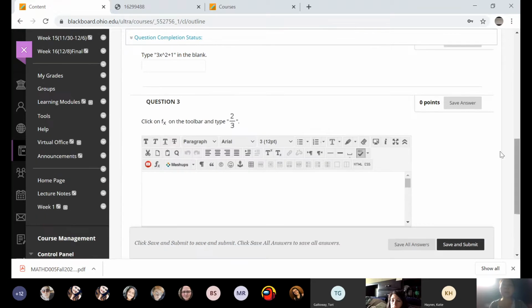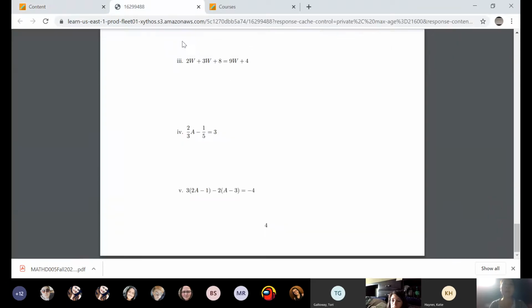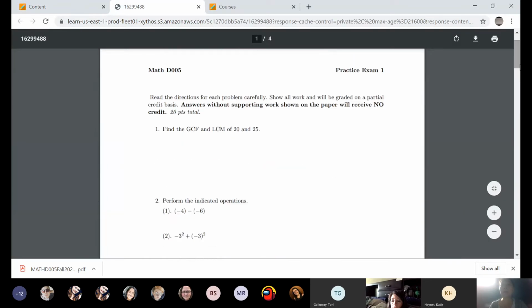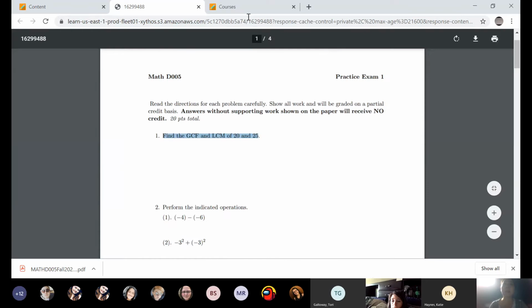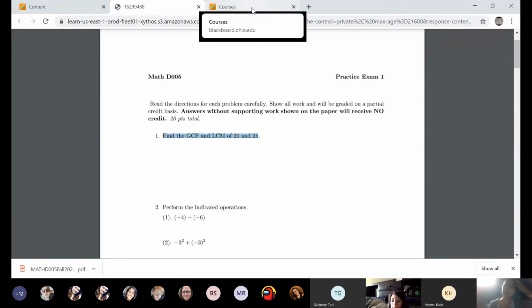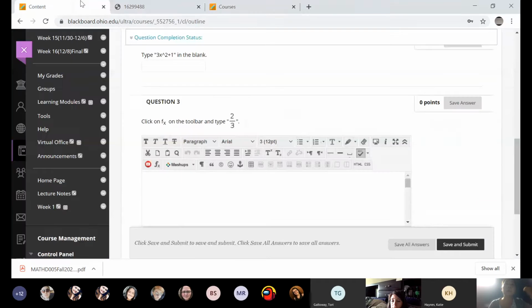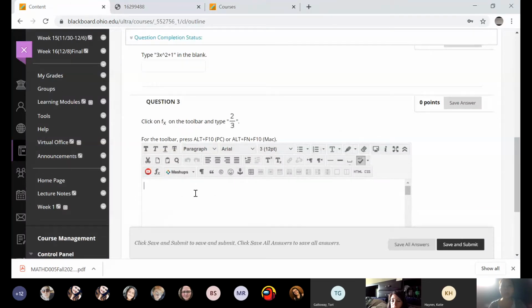For every single question, you would get, say, number 1, like this. Go back to practice exam. I will have this question there, and you can put your answer here. But if you don't want to bother learning all the symbols, because they do have a math function like this one, f sub x. If you click on that, you won't see it in Microsoft Teams because it doesn't show the pop-up window.